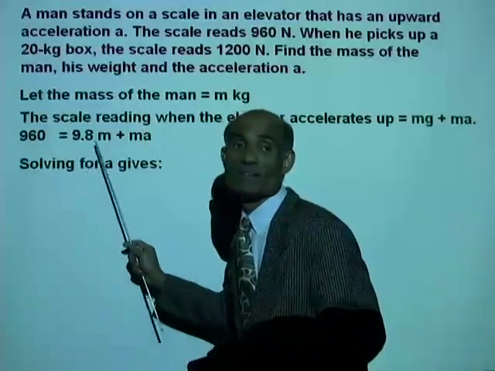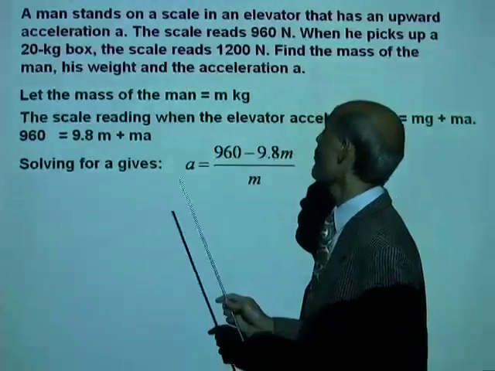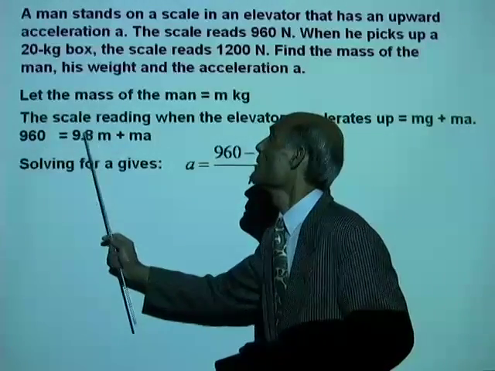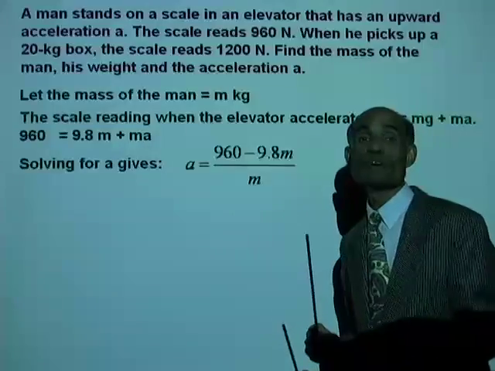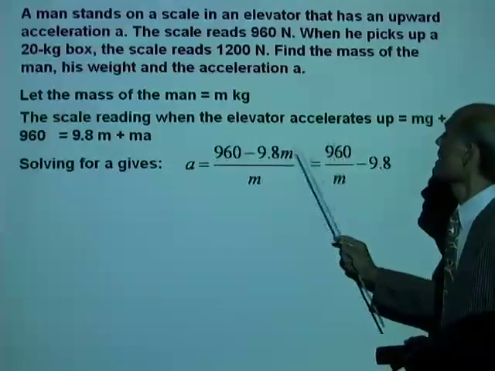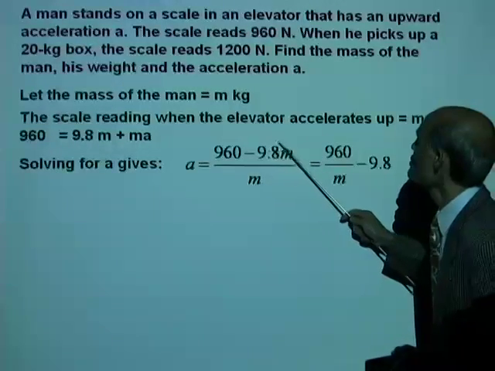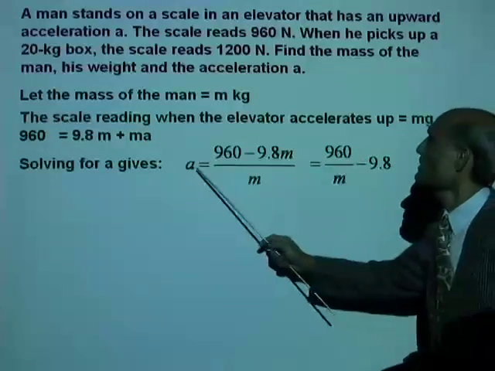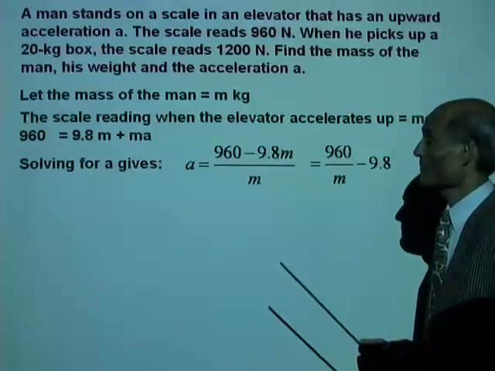If you want, let's solve the first equation for a. a equals 960 minus 9.8m over m. That will be 960 over m minus 9.8m over m, and this is now an equation for a.